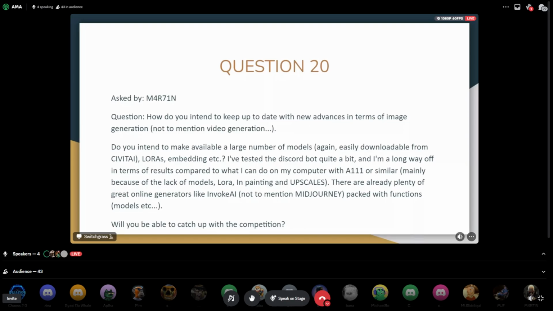Now, I don't think it's going to be something at first where someone can bring any model from Civit AI and put it on the network. It may be eventually, but at first we're going to be curating the models. So we're going to be finding the ones we like the best, the community likes the best, and then adding those to the network. So yeah, we are always trying to keep up with that, and this is a very fast-moving industry. So that's a big part of our job, is keeping up with the technology and then adapting it or bridging it to the user base.